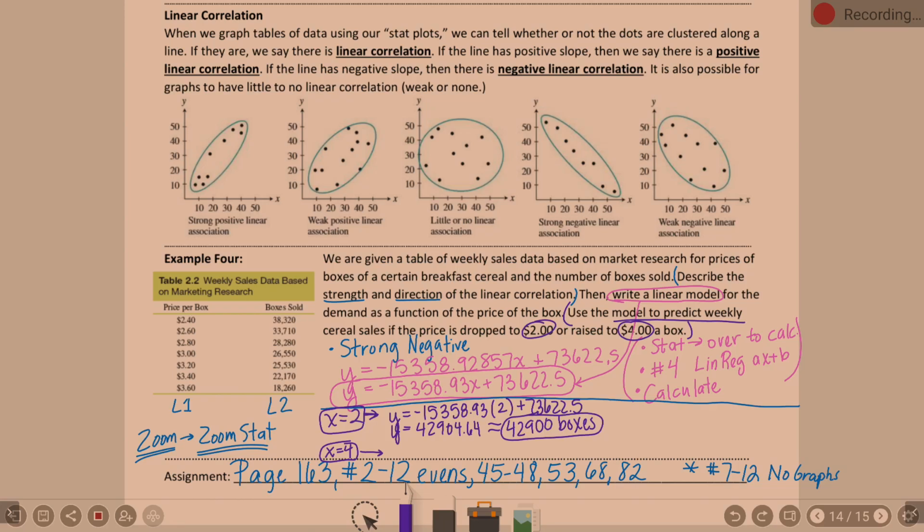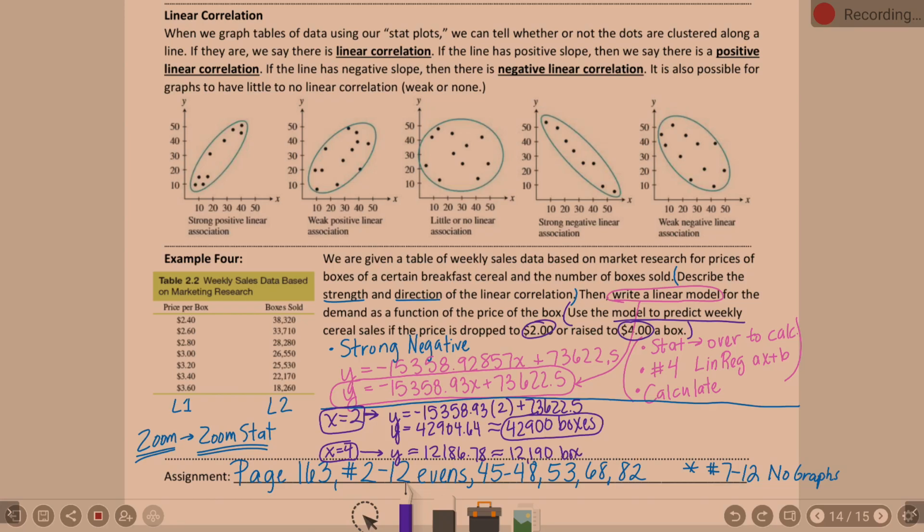When you plugged in 4, did you get my answer? 12,186.78, which in the book they rounded to 12,190 boxes.